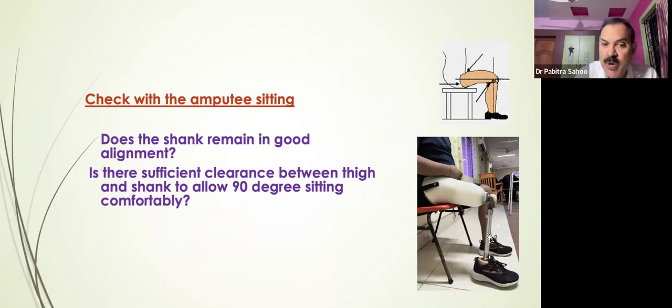What other thing one should look for is, if the prosthetic knee joint is higher than the sound leg, then the shank is too long. Normally this is the anatomical knee, and this is the mechanical knee. If the prosthetic knee is higher than the sound leg, that indicates that the shank is too long.